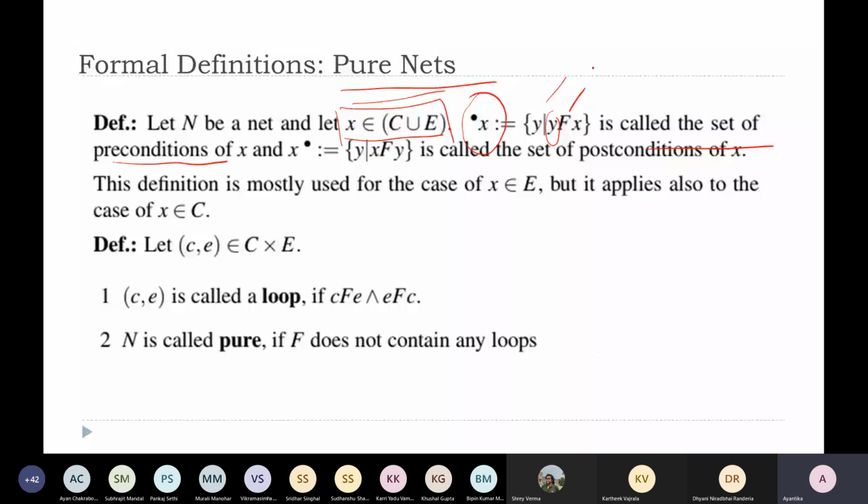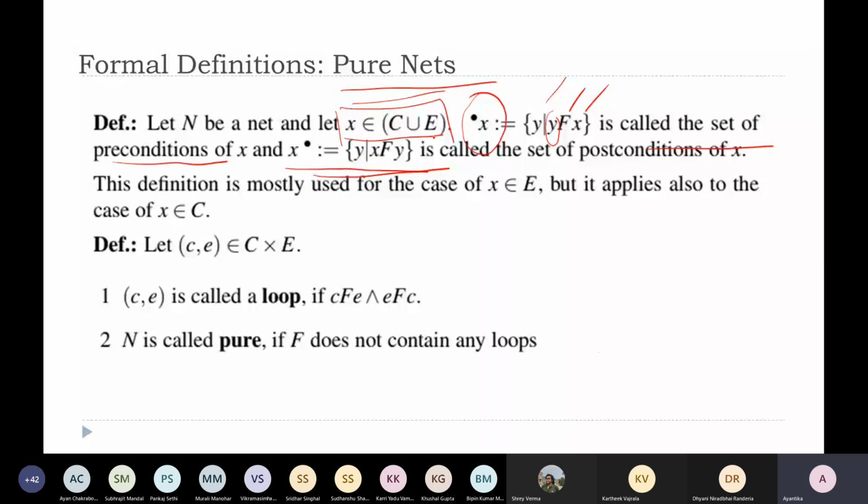Okay, so this is called the dot X is the set of preconditions. Similarly, this is the set of post conditions. That means for some condition X, some post condition X is getting satisfied for some flow relation and some other conditions. So this is the concept of precondition and post condition.